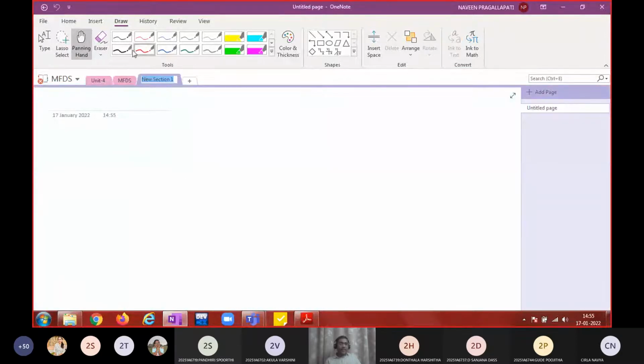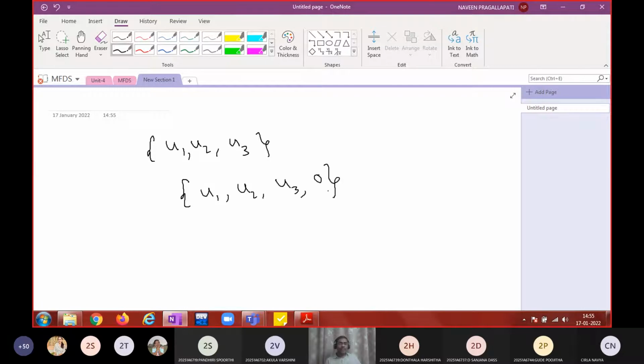For example, you take U1, U2, U3. I don't know whether this is linearly dependent or not, but I'm adding an element 0 to U1, U2, U3. This becomes linearly dependent. Why? Because 0 into U1 plus 0 into U2 plus 0 into U3 plus 1 into 0 equals 0.